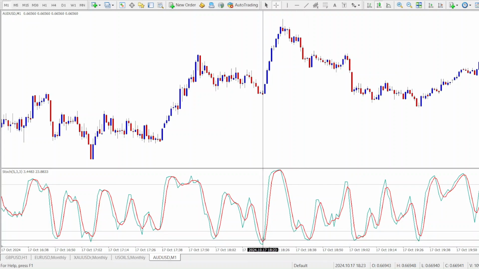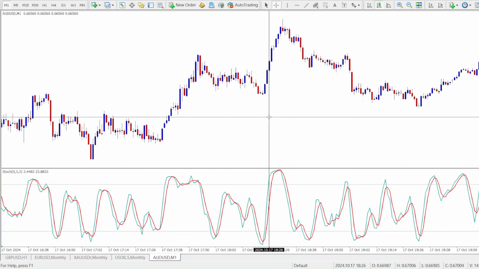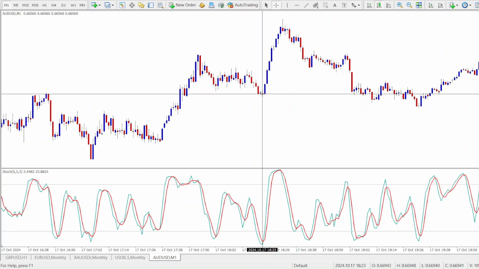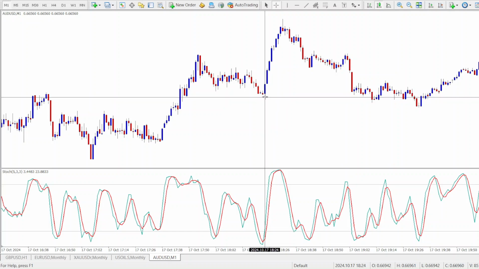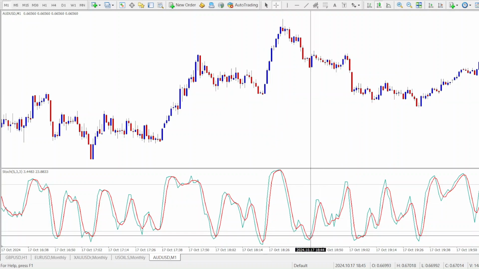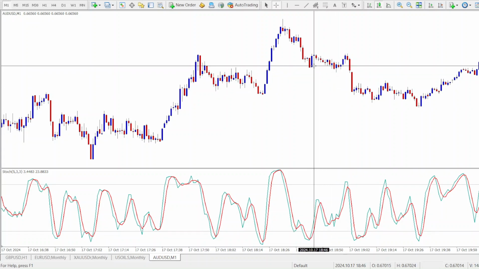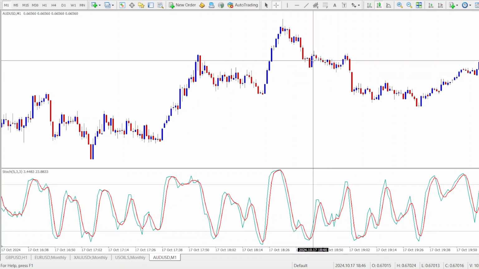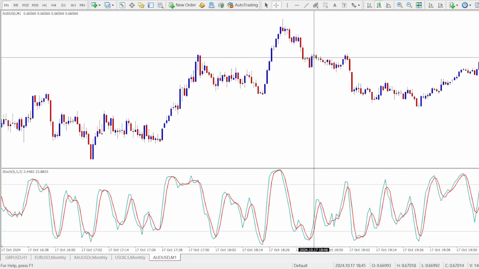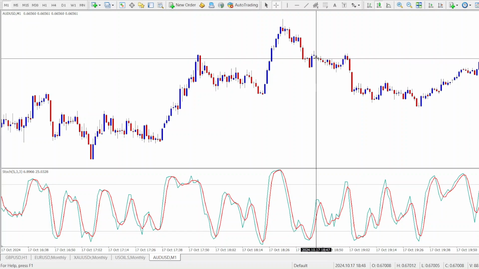Now we had a buy signal around here, so it's important that you also watch out for candlestick patterns to confirm that signal. Because we can see that around here we actually had a buy signal, and then just shortly after this first bullish candle formed, we had a bearish doji forming here. So it would have been a bad time to buy.